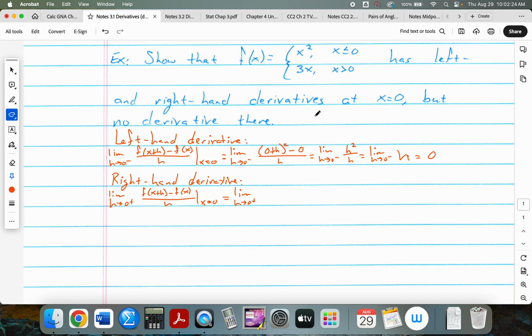Now, as h is going to 0 from the right, we're looking at the 3x values, right? So that's going to be 3 times 0 plus h minus f at 0, which is still 0, all over h.